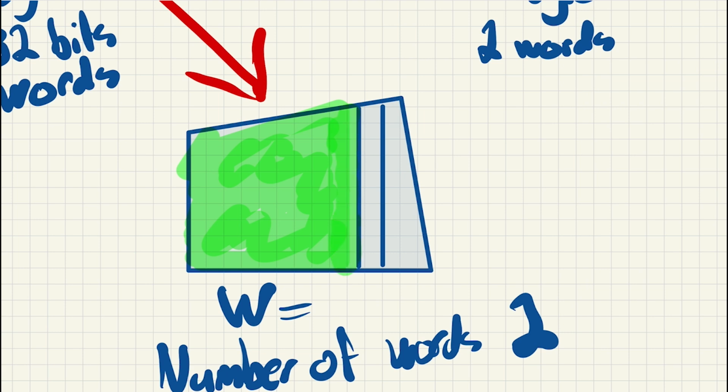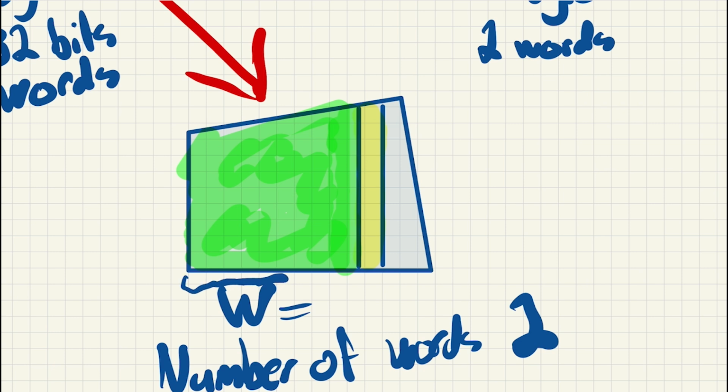Then the next one, let's make this yellow. This is a 1-bit thing. Maybe I should type this.